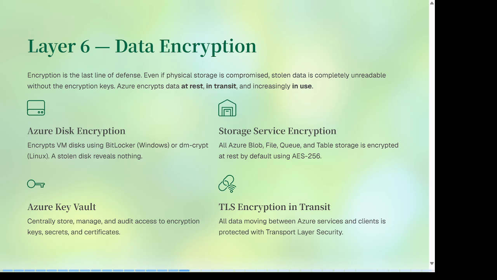An attacker somehow gains access to physical storage or copies your data. The attacker cannot read it because the data is encrypted. Without encryption keys, the data is completely unreadable.